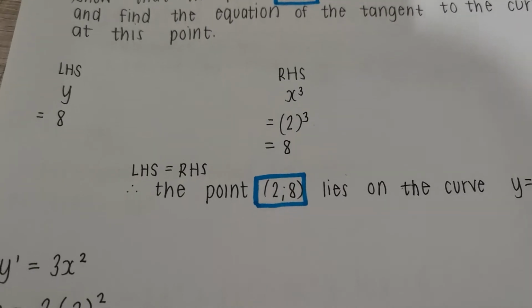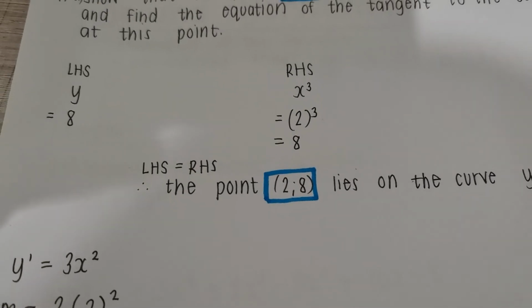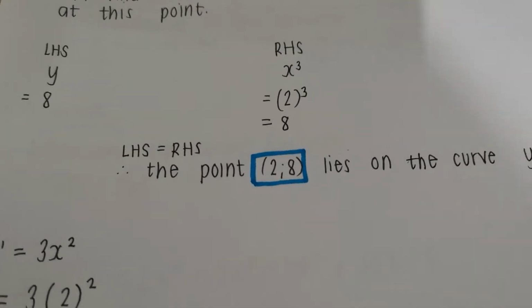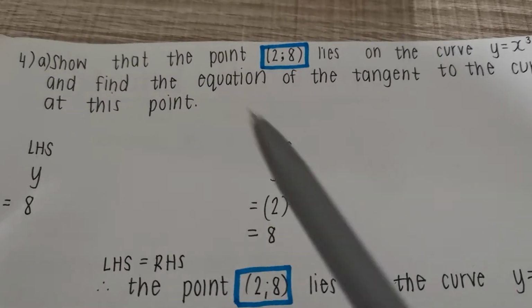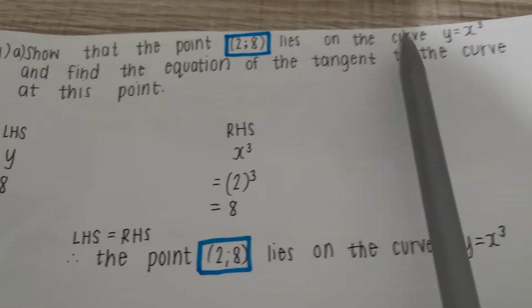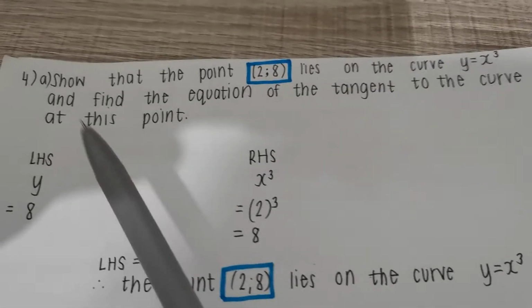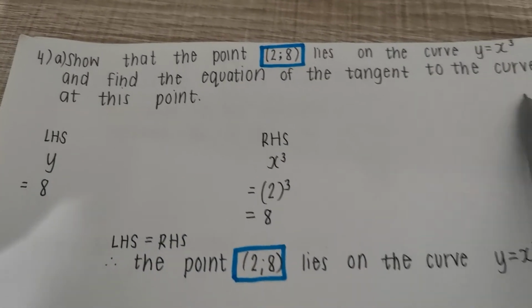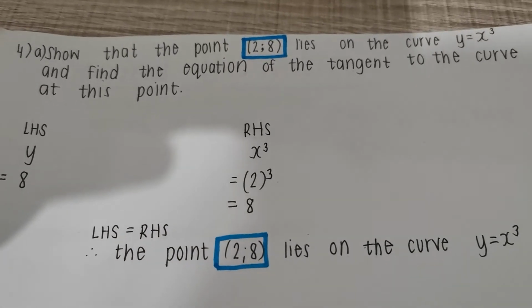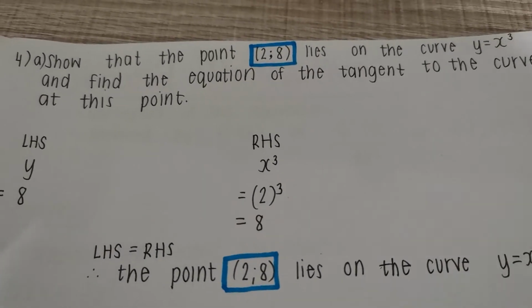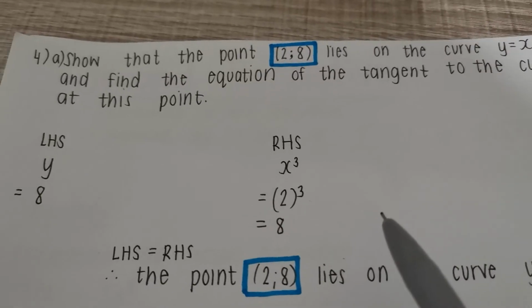Based on that information, we can ask you other types of questions, and this is another type. So I have here, show that this particular point lies on the curve, and then find the equation of the tangent to the curve at this particular point. Whenever we ask to show something like this, what you would do is left hand side equals right hand side.